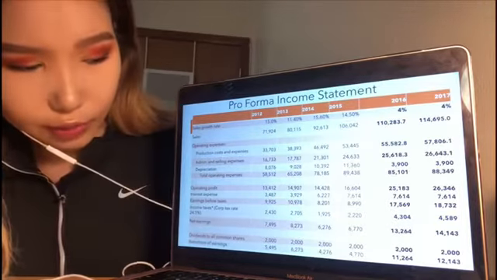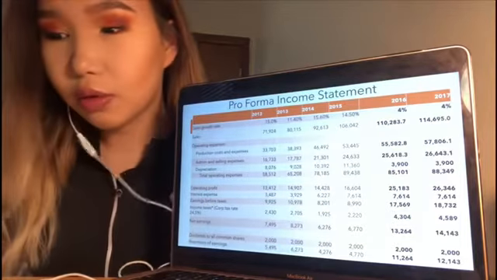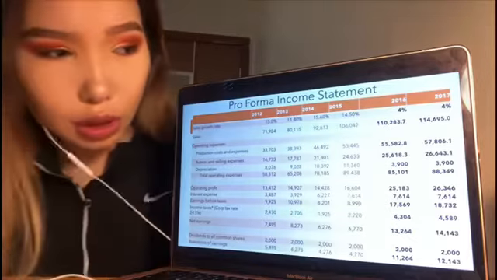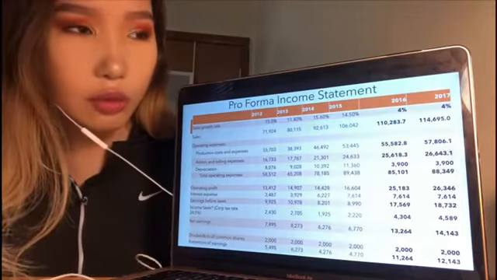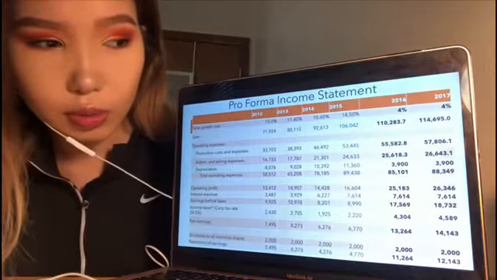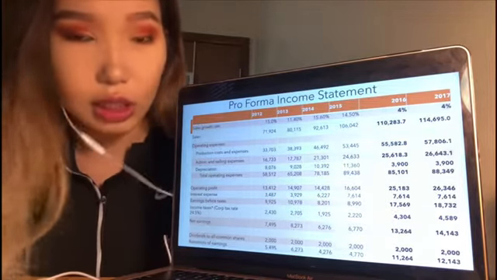And as for the depreciation, we divided the 54.6 million, which was supposed to be spread out for the 2 years, 2016 and 2017.